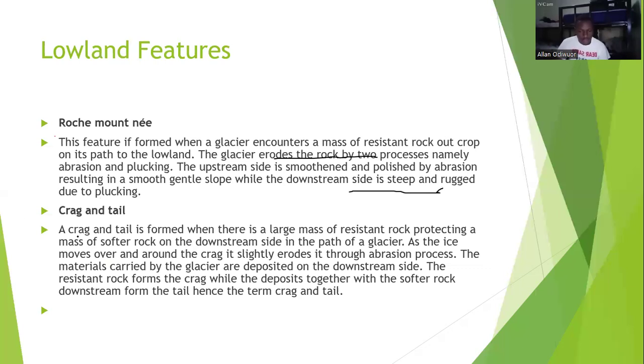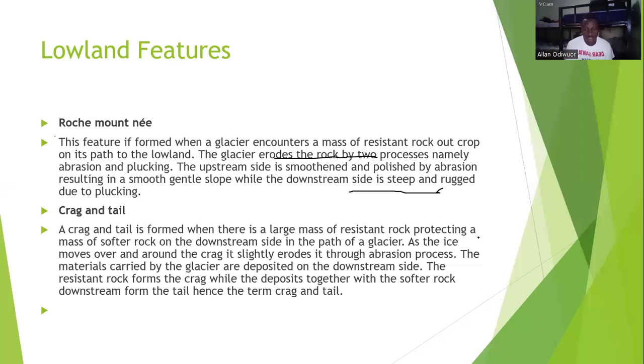Crag and tail. A crag and tail is formed when there is a large mass of resistant rock protecting a mass of softer rock on the downstream side in the path of the glacier. As the ice moves over and around the crag, it slightly erodes it through the abrasion process.